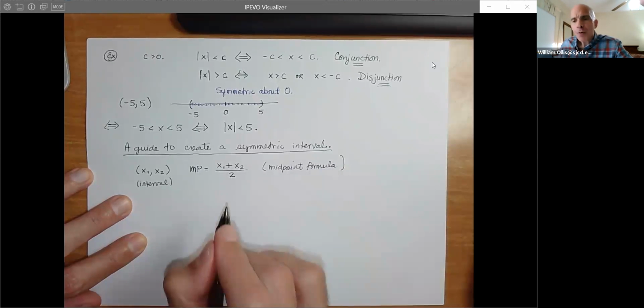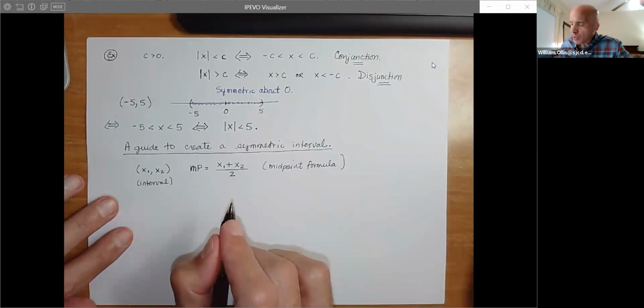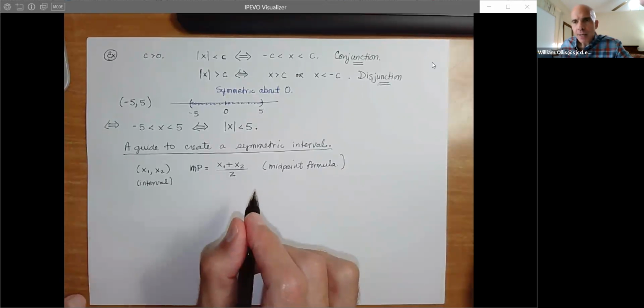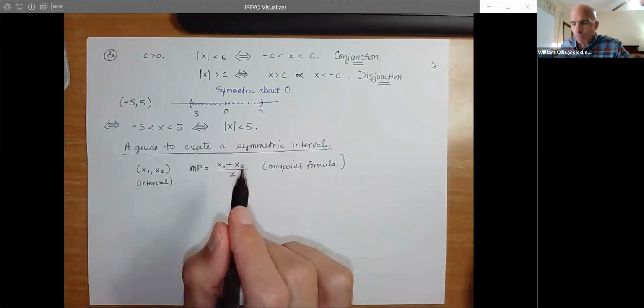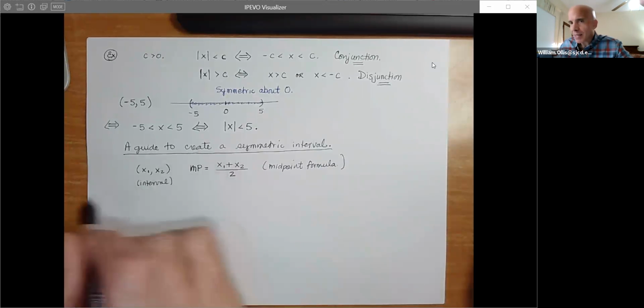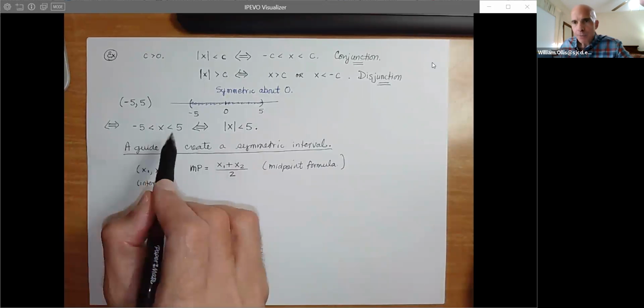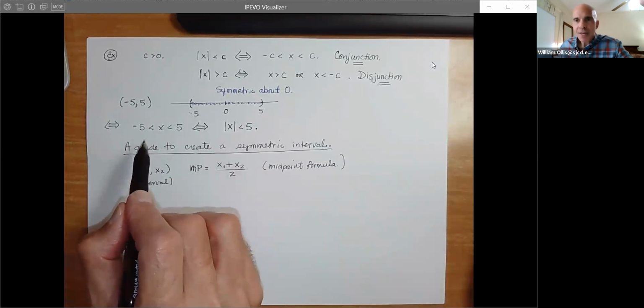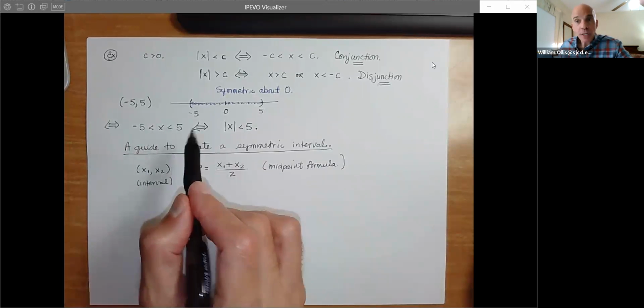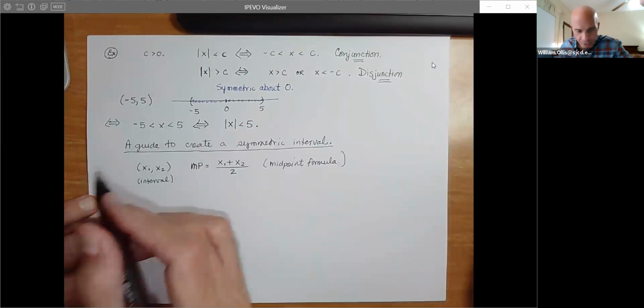Now, if we get the midpoint, that's going to help us, because now we can subtract the midpoint from all of the numbers in the compound interval and then create the symmetric interval. That'll give us the C. So here's an example.